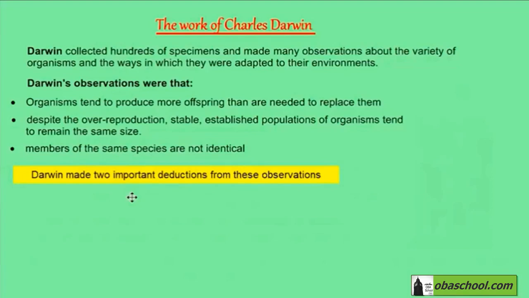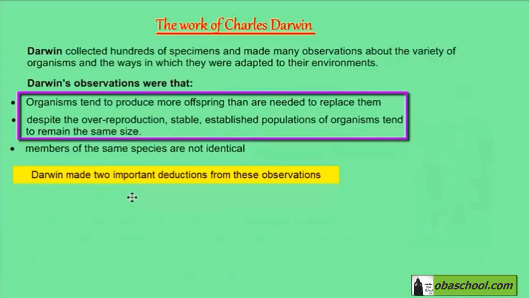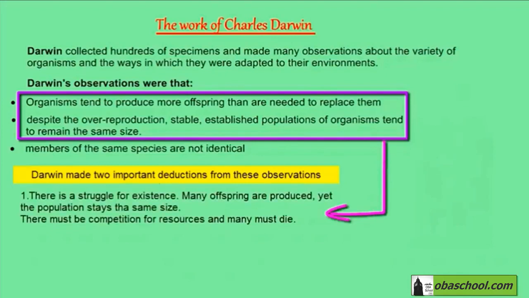Darwin made two important deductions from these observations. From the first two observations, which state that organisms tend to over-reproduce, and even though they are over-reproducing, the population size is remaining the same, he concluded that there's a struggle for existence.